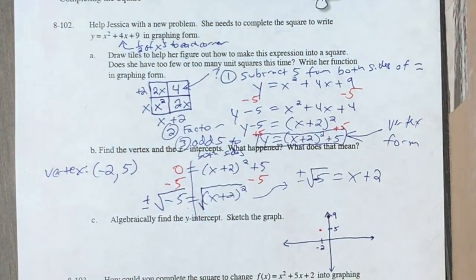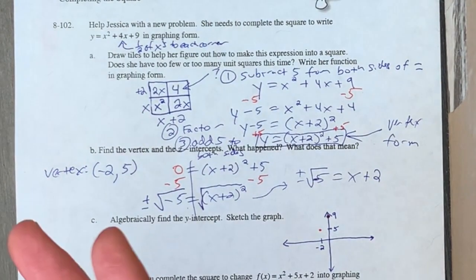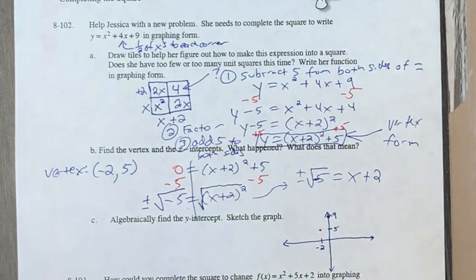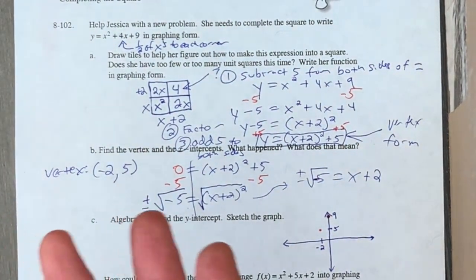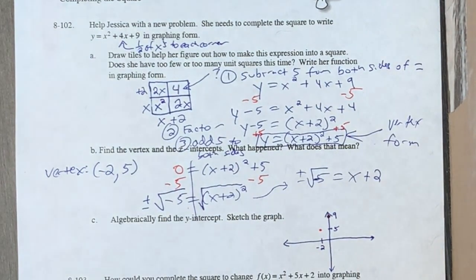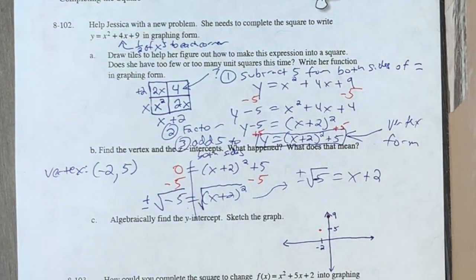Positive 4 has 2 and -2 as square roots. Positive 3, it's about 1.7 or so, positive 1.7 and negative 1.7 or so would be the 2 square roots of 3. Okay, so a positive number has 2 real square roots because a number times itself is a positive number. So you take a number, you multiply it by itself, you get a positive number as an answer.